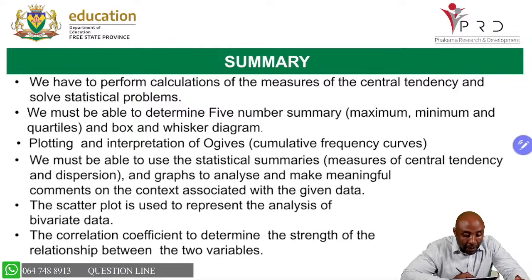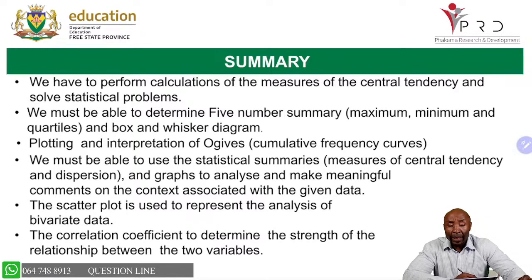And we are saying we must be able to use our statistical summaries, measures of central tendency and dispersion, and our graphs to analyze and make meaningful comments and conclusions on the context of the associated data given. A scatter plot is used to represent the analysis of bivariate data, and the correlation coefficient is used to determine the strength between the relationship of the two variables.